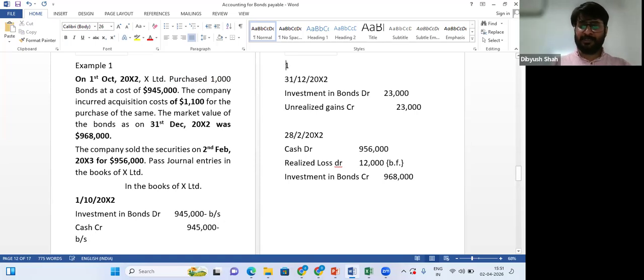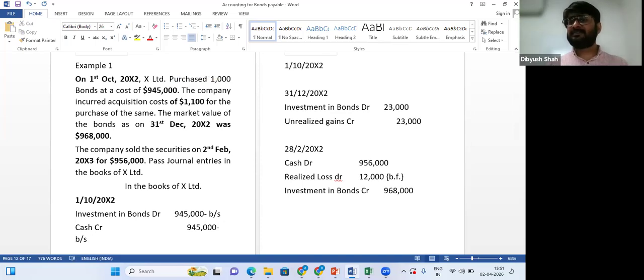Now, one more entry will be passed on this date itself. The entry for transaction cost or acquisition cost. We just said that transaction cost, as and when incurred, should be written off in the P&L account immediately. So here the transaction cost is $1,100 for the purchase of these.